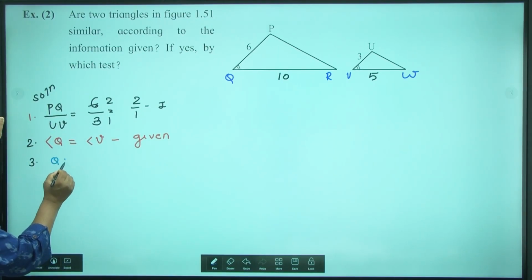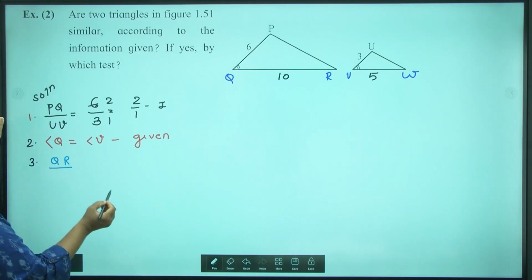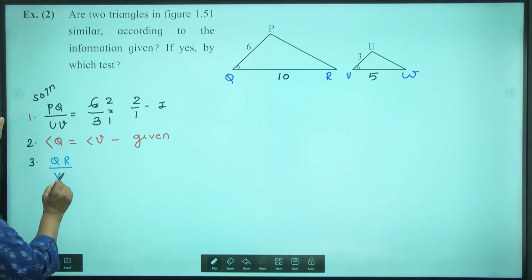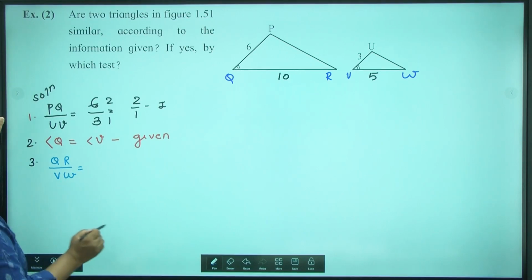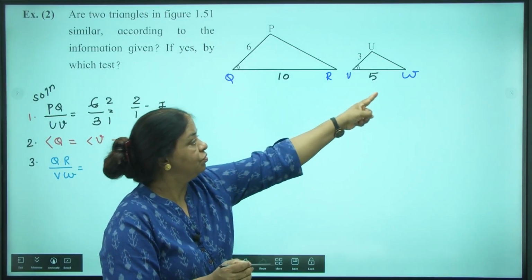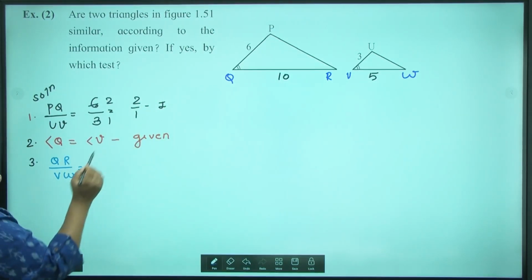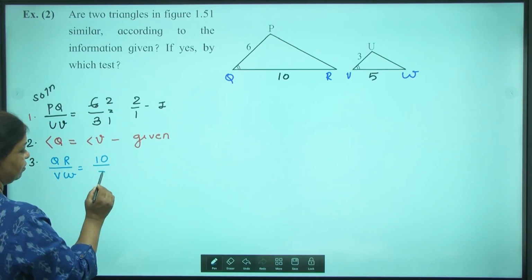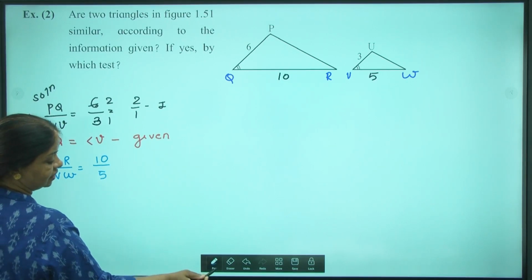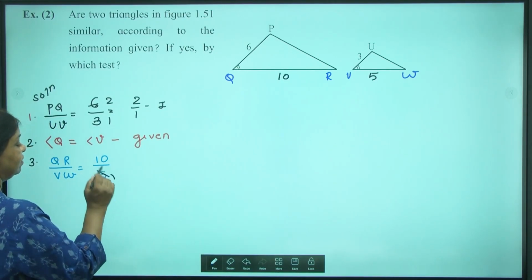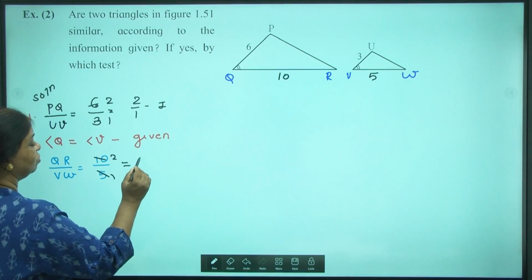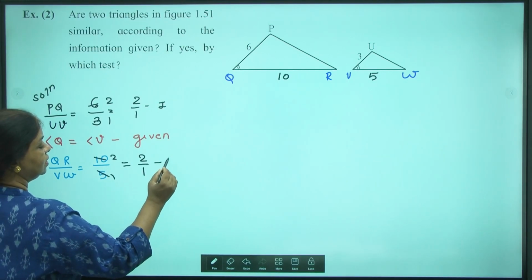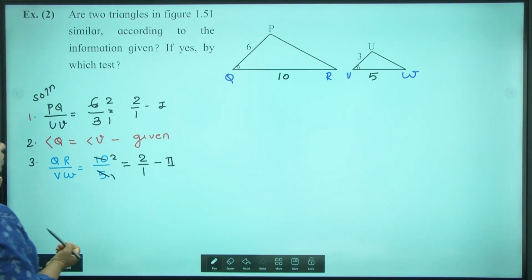Now go for the third. QR upon VW. I am taking QR upon VW, and QR is given as 10 and VW is given as 5. So if I cancel, I get 5 ones are 5, 5 twos are 10, which is equal to 2 upon 1. This is the second ratio.